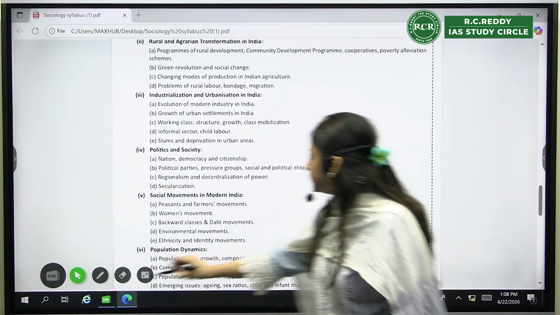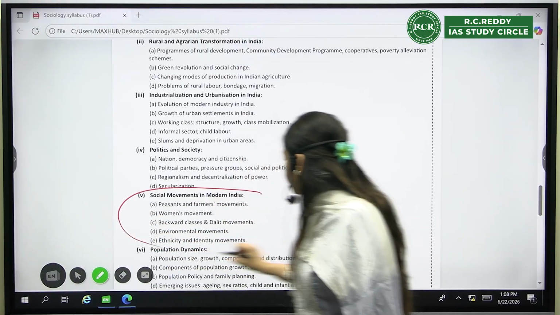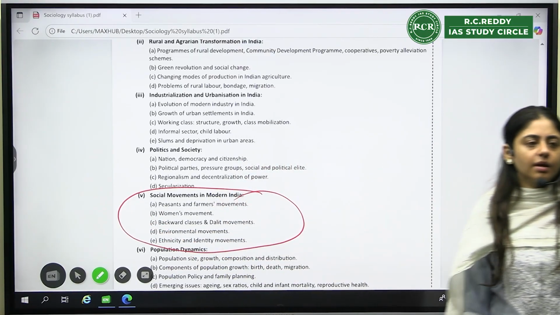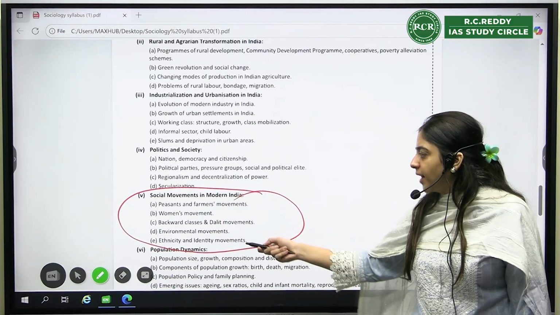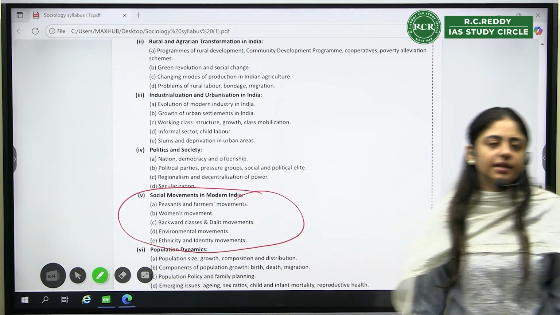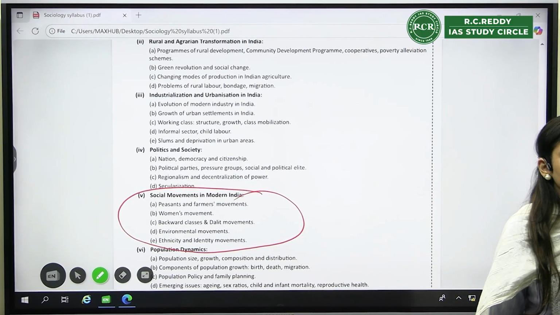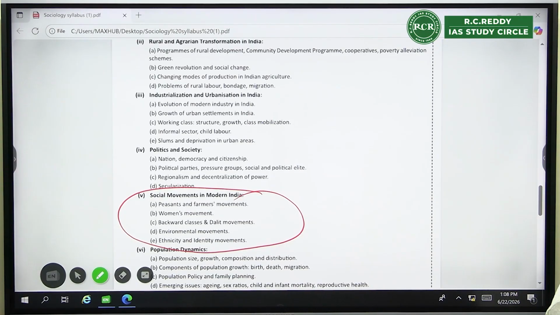Scheduled caste movement, peasant movements, environmental movements, ethnicity and identity movement. These two topics will be most important. The rest of the topics are very, very simple, right? There's nothing much to understand in paper 2.